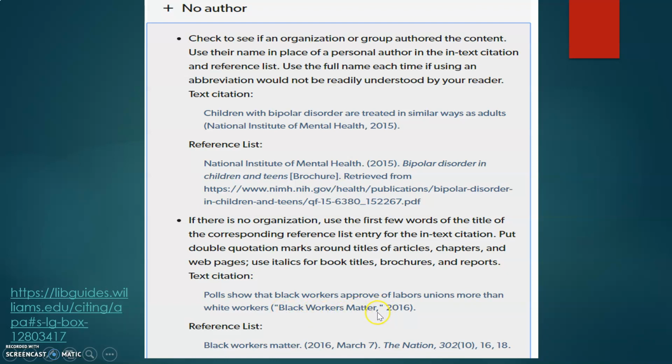You leave the comma inside the quote and give the date later. And this is how the source will be given on your reference list. Remember, when you are writing the title of the article on your reference list, you write it in sentence case and with normal font.